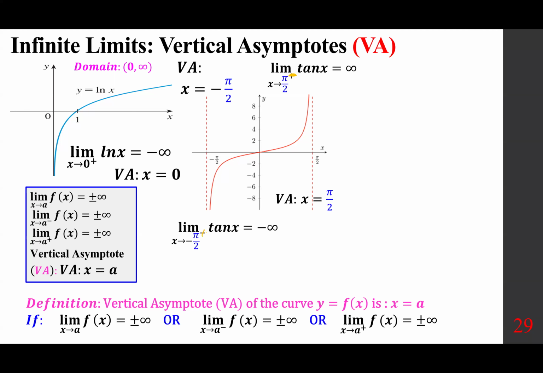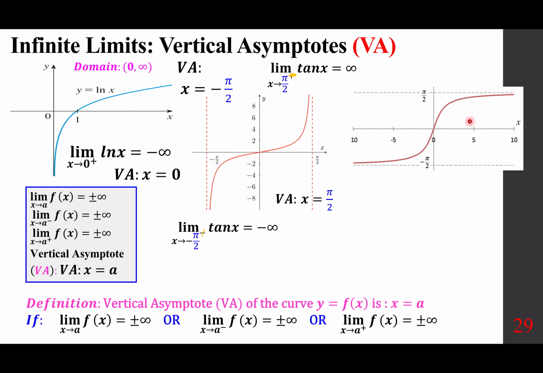All right. Of course, remember that it's a periodic function. It's continuous indefinitely, so it has infinitely many vertical asymptotes. This is just one complete cycle going from minus pi over 2 to pi over 2.